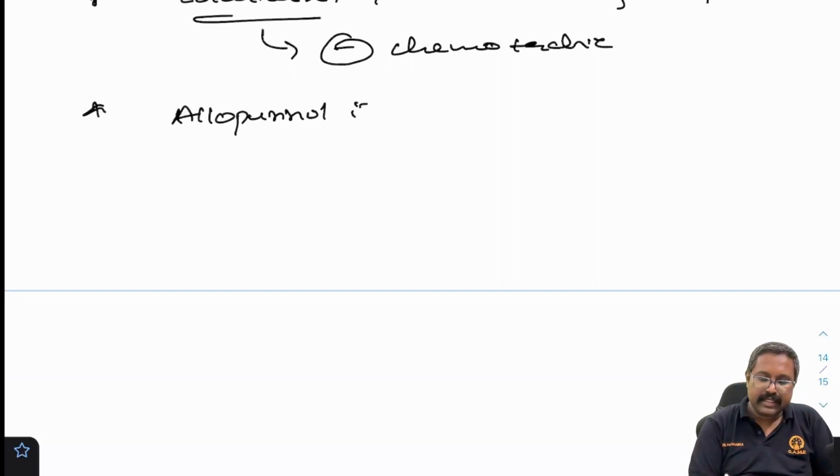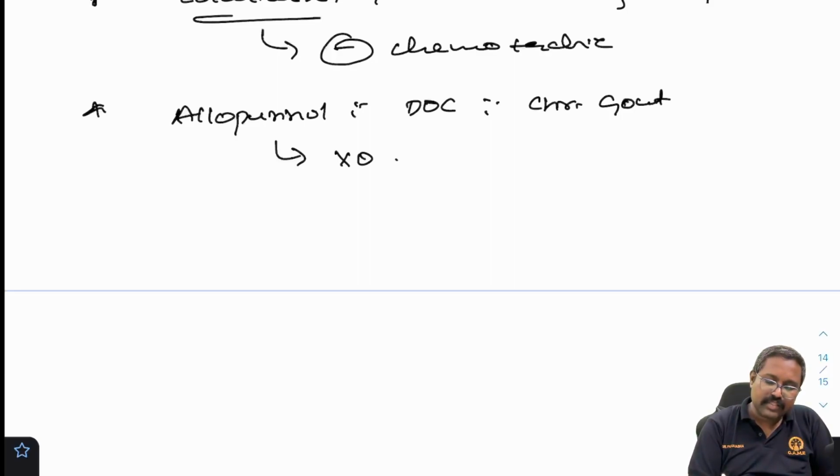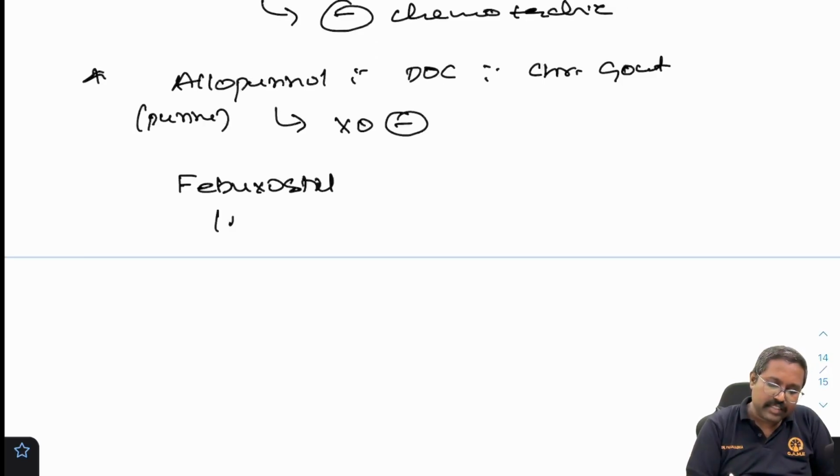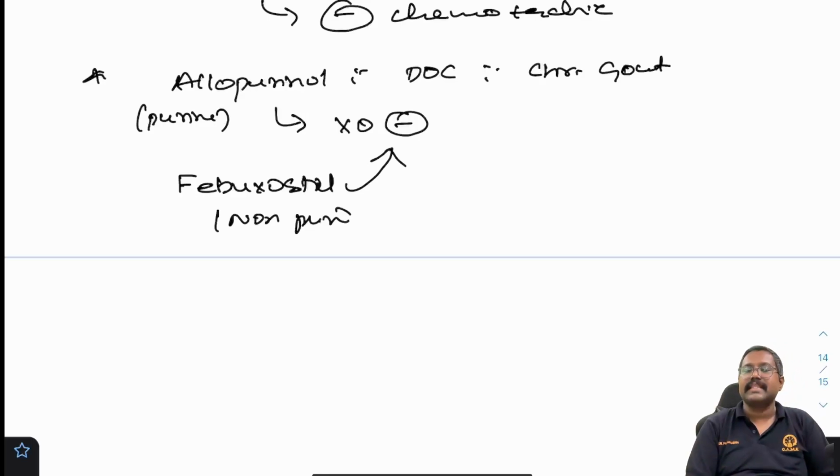What about allopurinol? Allopurinol is a drug of choice for the treatment of chronic gout. Allopurinol is a xanthine oxidase inhibitor. There's one more drug called febuxostat. Allopurinol is the purine derivative. This is the non-purine derivative. Again, it blocks the xanthine oxidase.